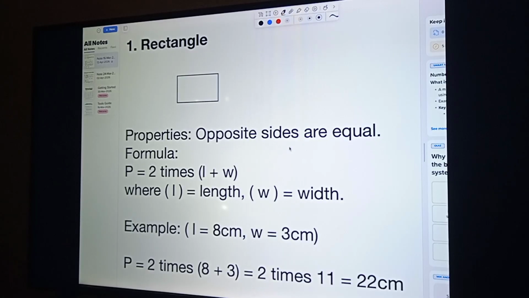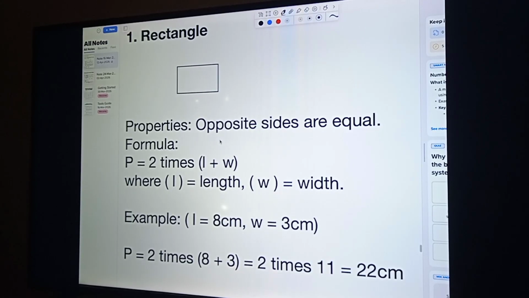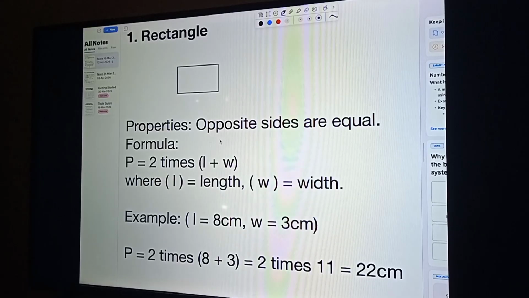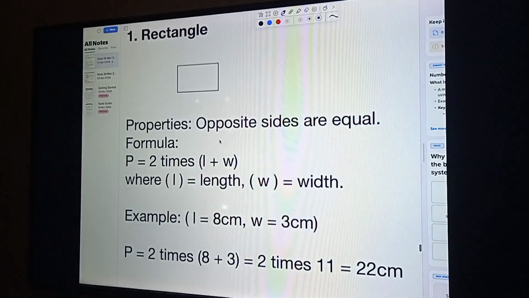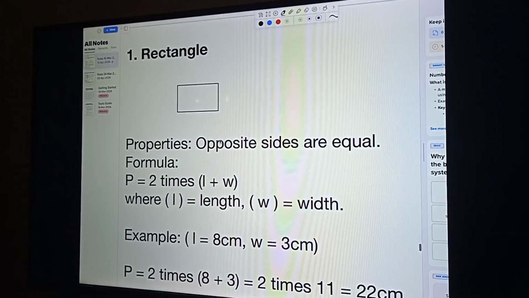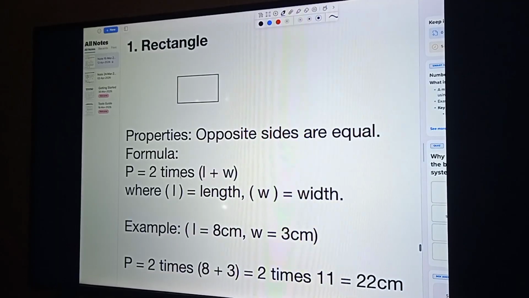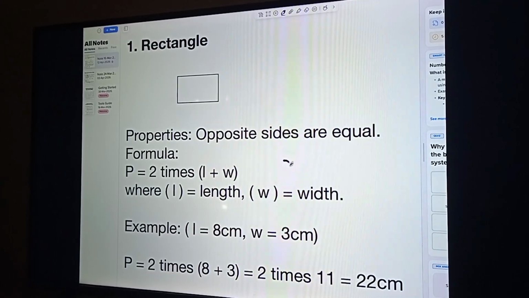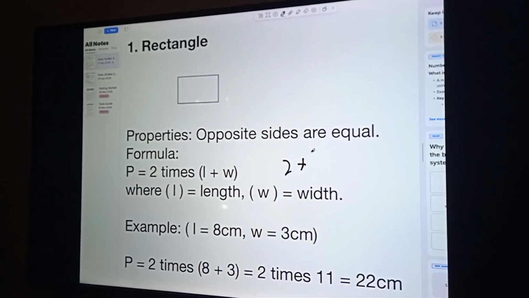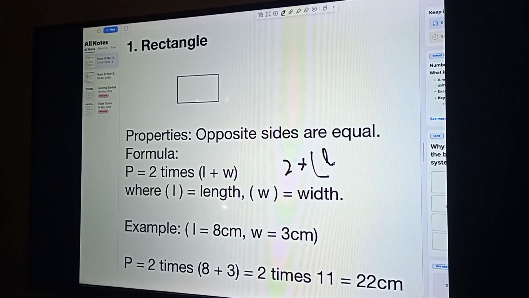The opposite sides of any rectangle are always equal. The formula for the perimeter calculation is 2 times length plus width.